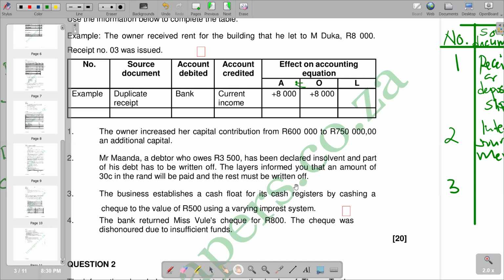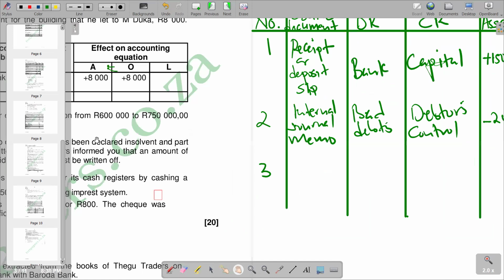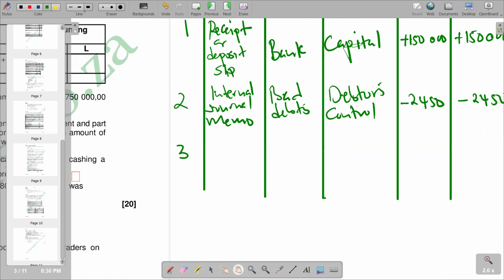So we come here and indicate as such: we debit cash float, and then we credit bank.